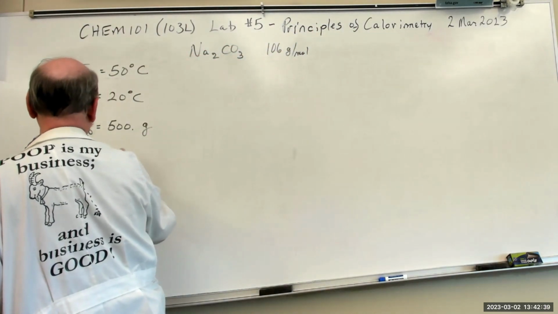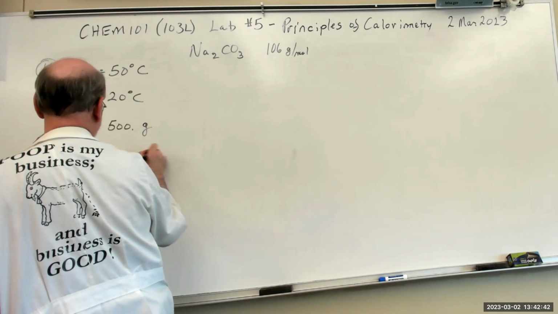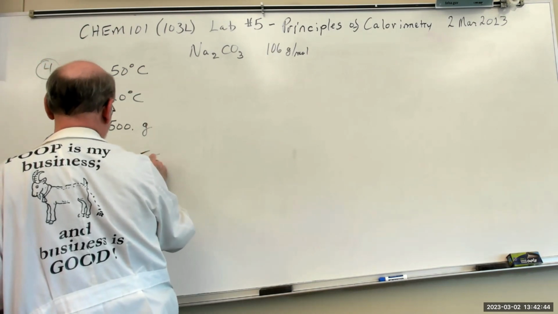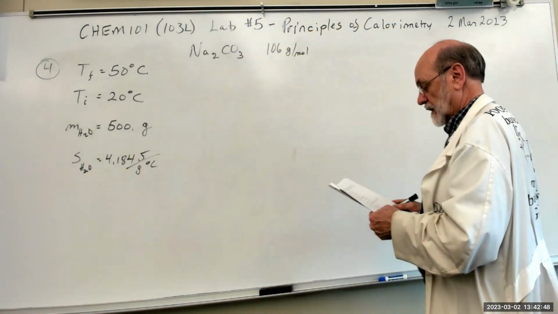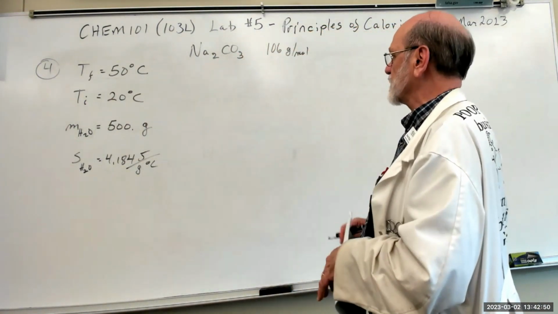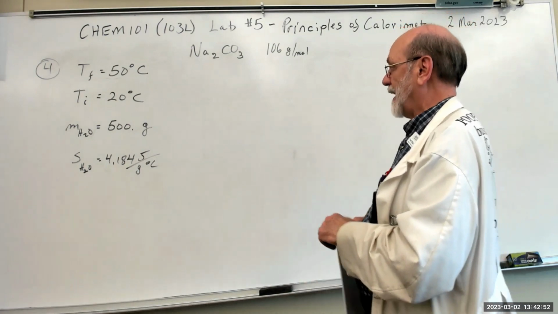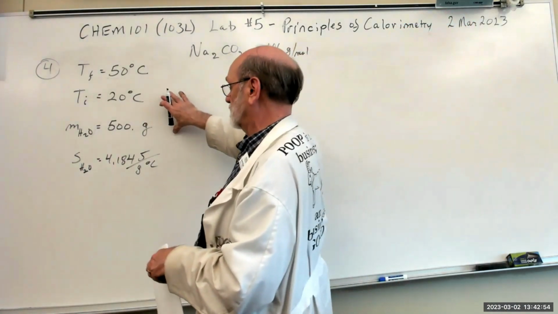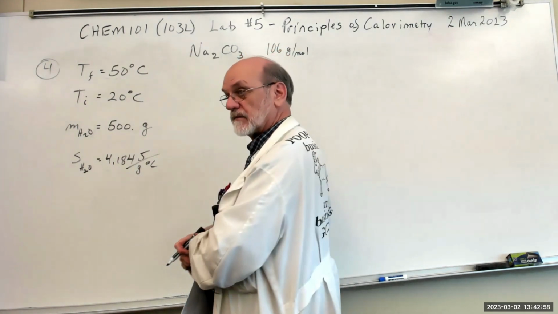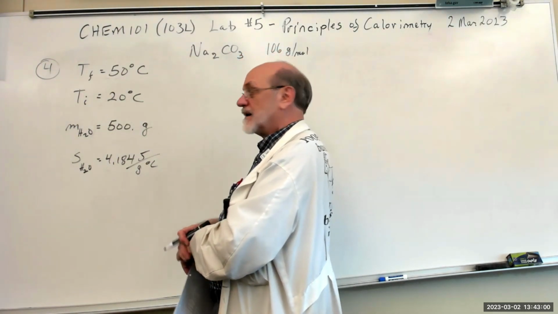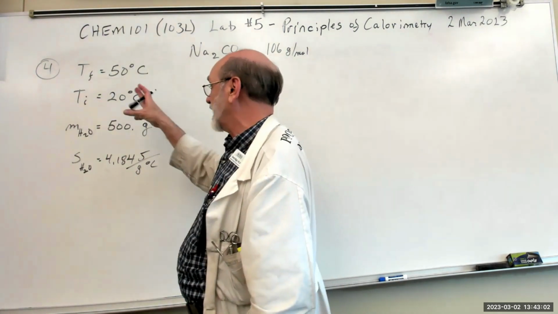Right, that's 4.184 joules per gram degree C. And that should get it for you. Now we can break this into 2 pieces. One is, how much heat are we talking about here?